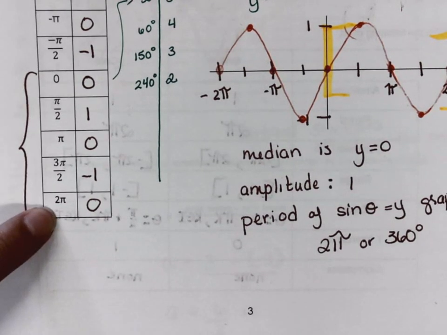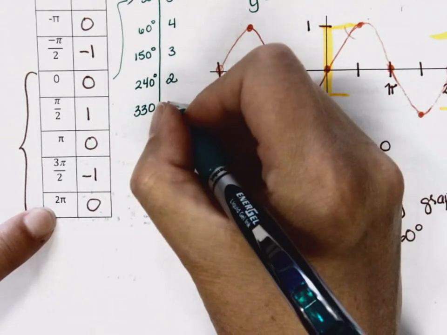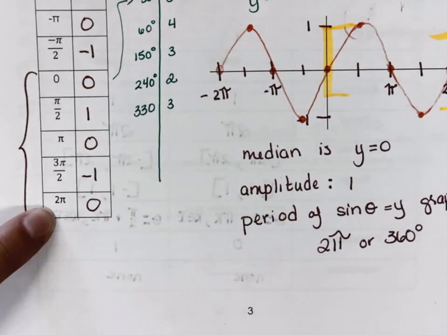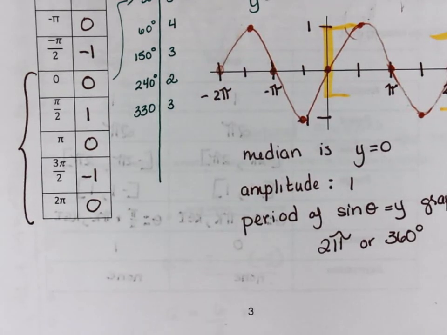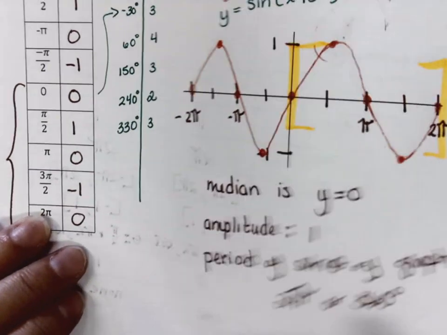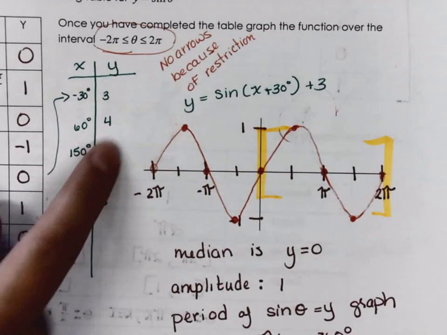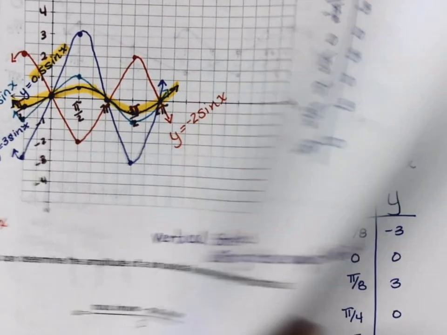And then at 360, I've got to minus 30 from that, so that's 330. And we're going to be at 3 again. Forgot my degree symbol. So that's my table. -30 and 3, 60 and 4, 150 and 3.